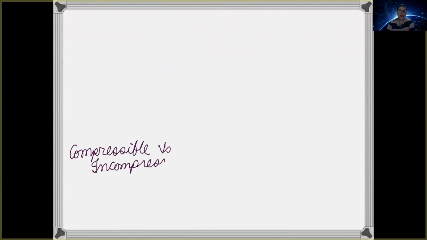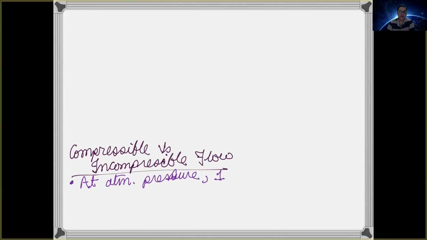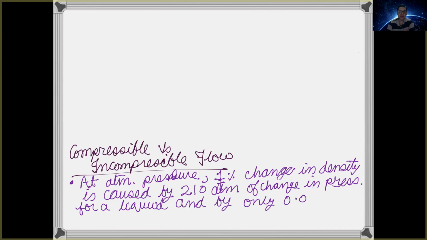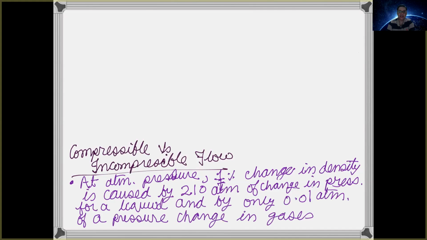This is the third in the list of classification of the flows: compressible versus incompressible flow. At 1 atmospheric pressure, a 1% change in density is caused by 210 atmospheres of change in pressure for a liquid, and by only 0.01 atmosphere of pressure change in gases.